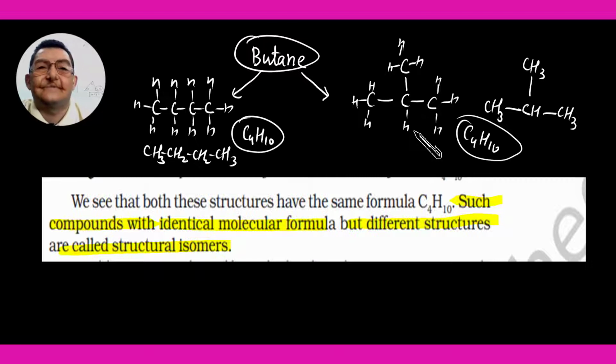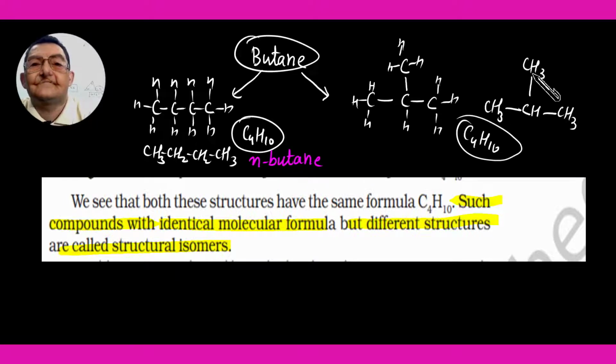The point is that both of them are called butane. So how to identify which one we are talking about? Listen carefully. The first one, this one, is called N-butane. N means normal, straight chain, normal butane.